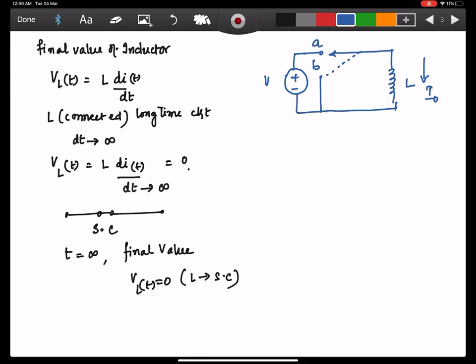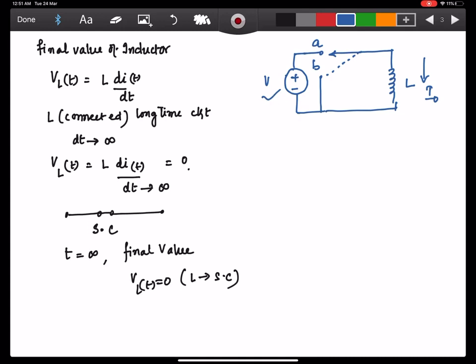The transient state will only be there till the rate of change of flux occurs across the inductor. This I0 we get is after the steady state. This circuit already has a steady state value because the inductor is connected to a source for so long.